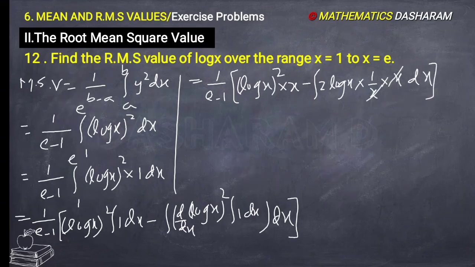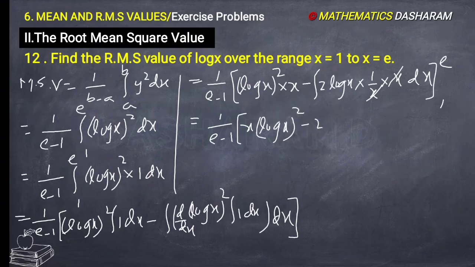Here x cancels. 1 by e minus 1, limits are 1 to e, x into (log x) whole square minus 2 into integration of log x into 1 dx, 1 to e.